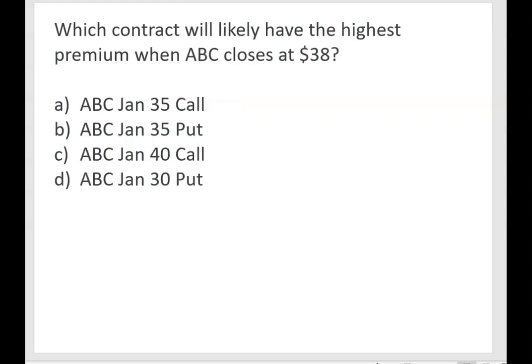All right, our next question is: which contract will likely have the highest premium when ABC closes at $38? A, ABC January 35 call; B, ABC January 35 put; C, ABC January 40 call; D, ABC January 30 put.